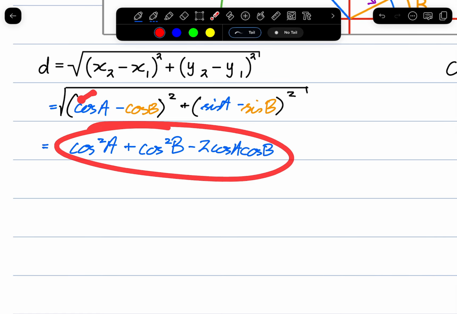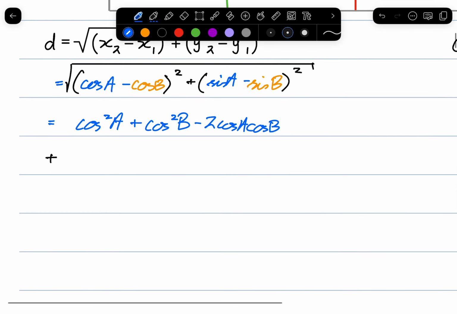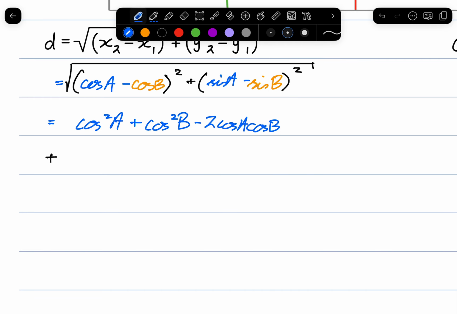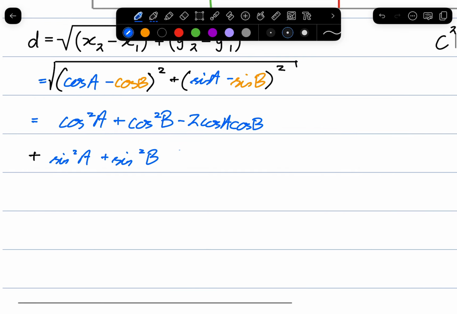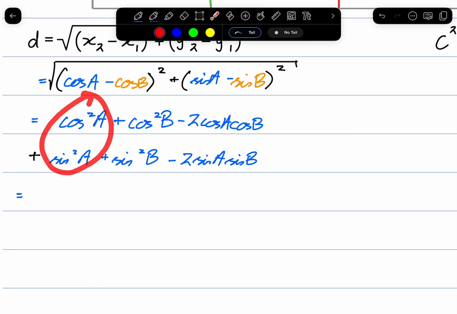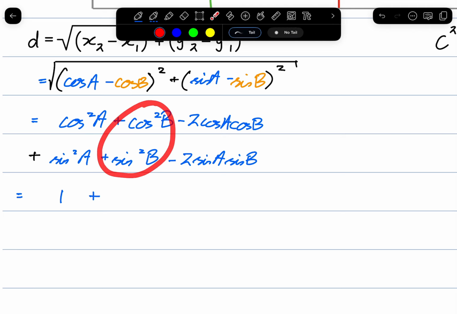So this line is the expansion of this one. Then I'm going to write this as plus. Then expanding this one here again on the second line underneath: squaring the first, sine squared A, plus squaring the last, sine squared B, and doubling the product. The product of this is minus 2 sine A sine B. Now I hope you can see this is cos squared A plus sine squared A. These two together as the identity make 1, plus this one as well as the identity.